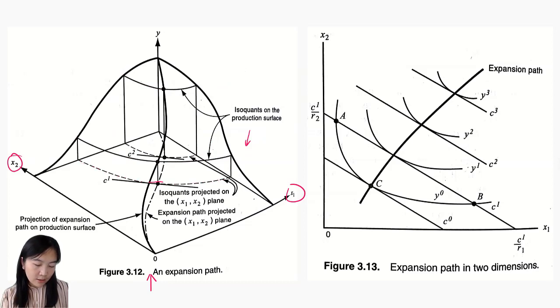Once you project those same level of Y curves onto the X1 and the X2 plane, then you want to find out the least cost combination of inputs. And now you work on the X1 and X2 plane.